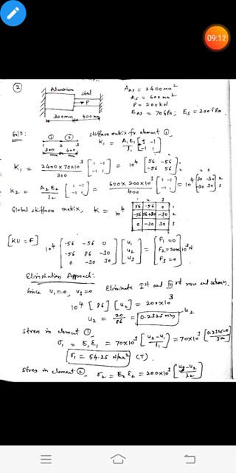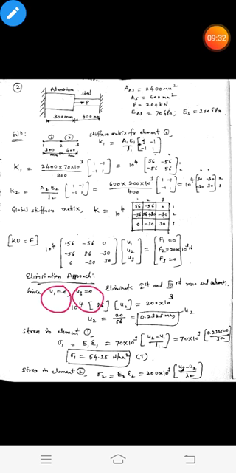What the elimination approach says: since the boundary conditions U1 and U3 are both 0, as node 1 and node 3 are provided with supports, eliminate the first and third row and column.